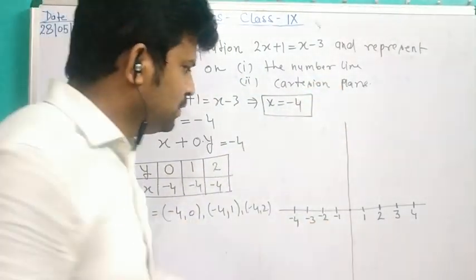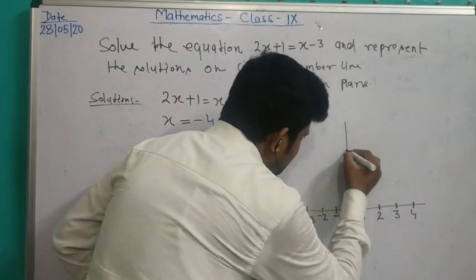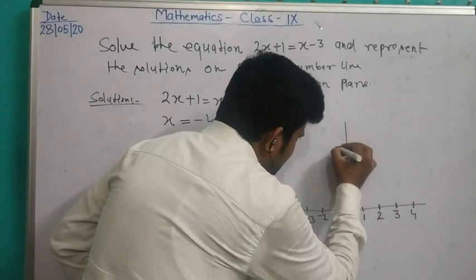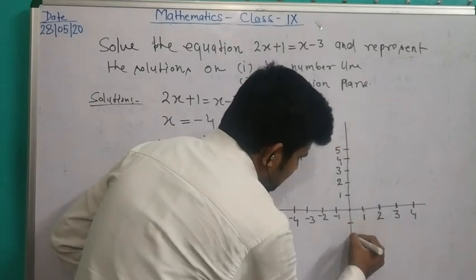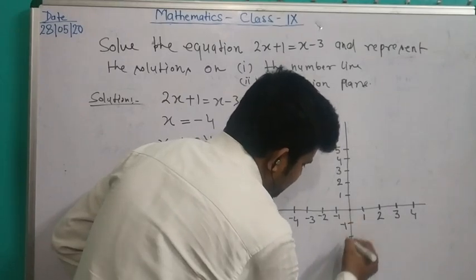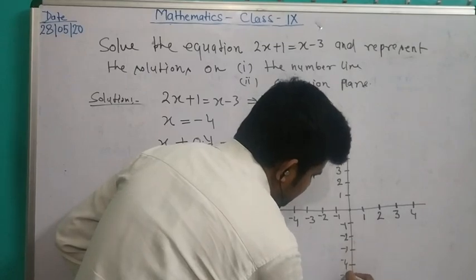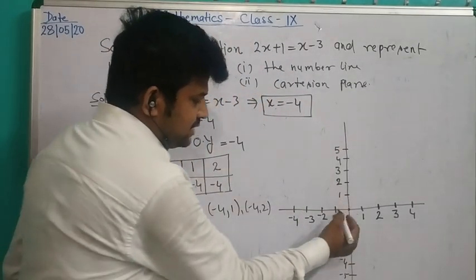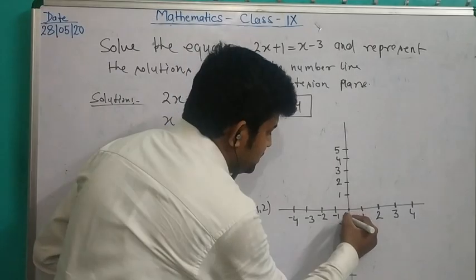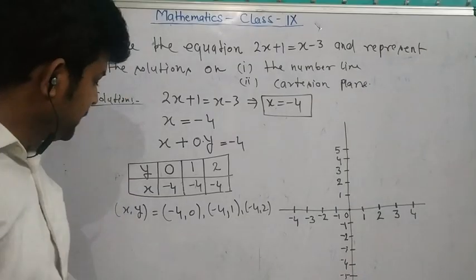Upward is positive, downward is negative: 1, 2, 3, 4, 5, and downward negative, minus 1, minus 2, minus 3, minus 4, minus 5. And this is the center, the intersection point, the origin. The point of origin is (0, 0).